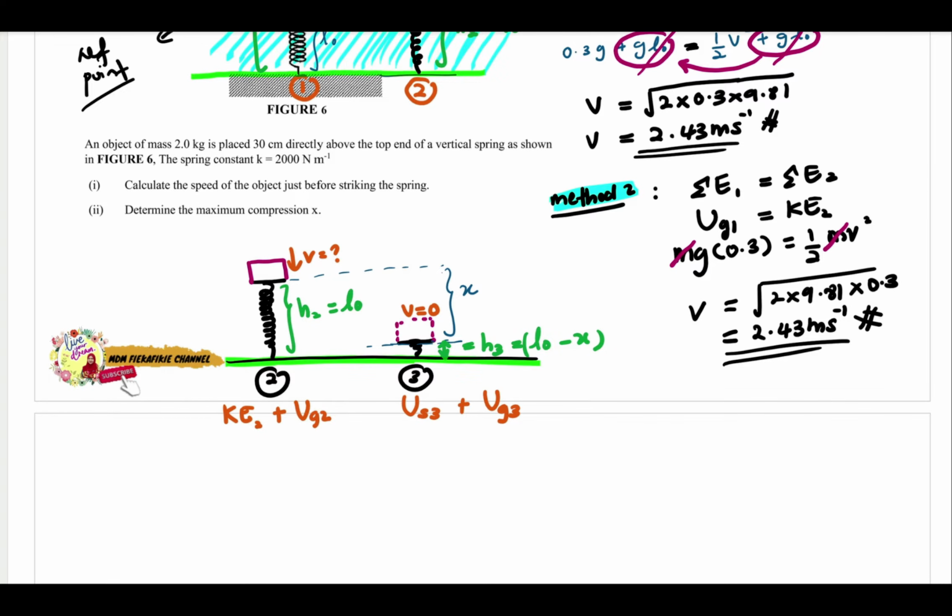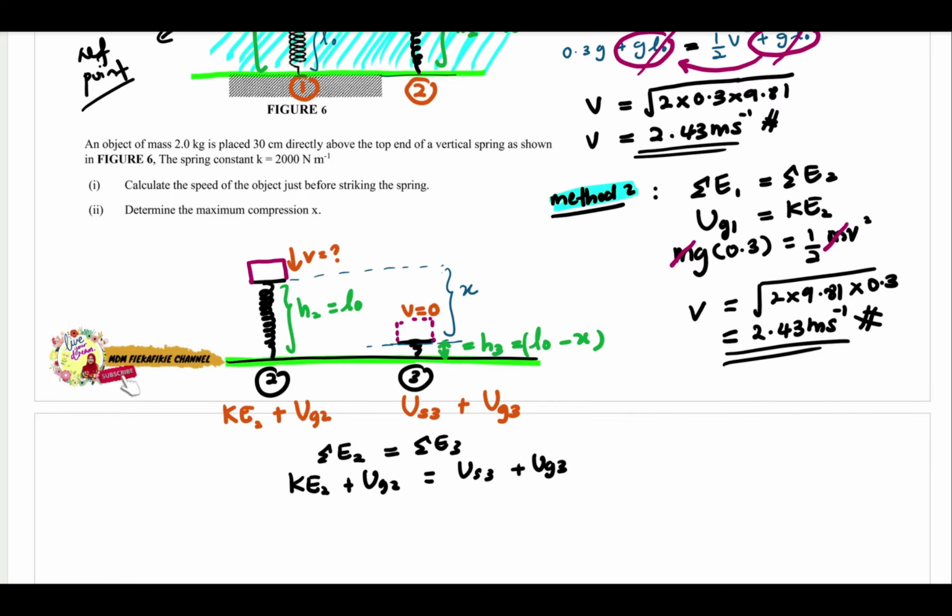So kita akan tulis total energy in picture 2 equal to total energy in picture 3. And then kita tulislah KE2 plus UG2 equal to US3 plus UG3. So kita boleh kira kinetic energy half mv squared.